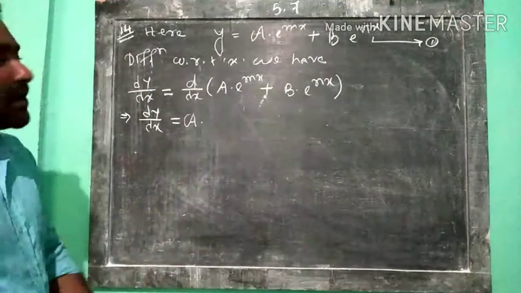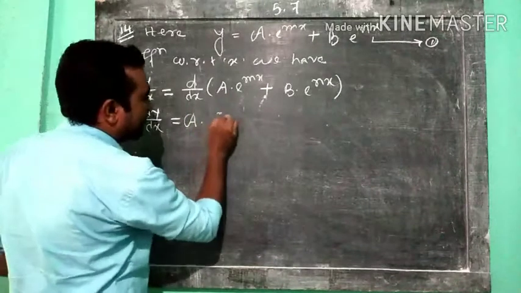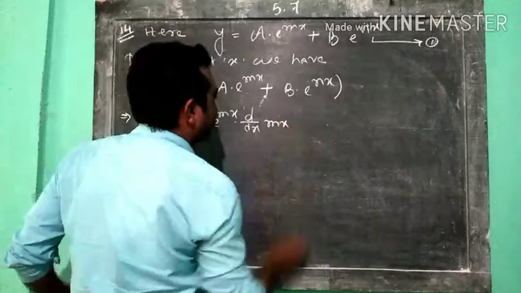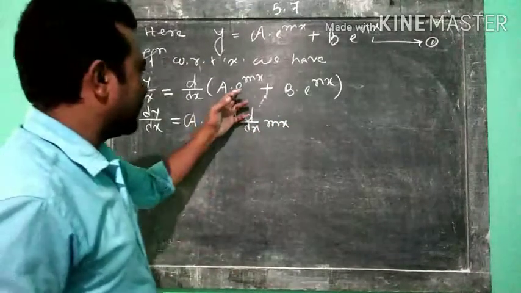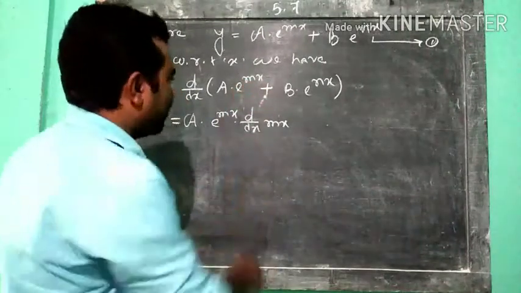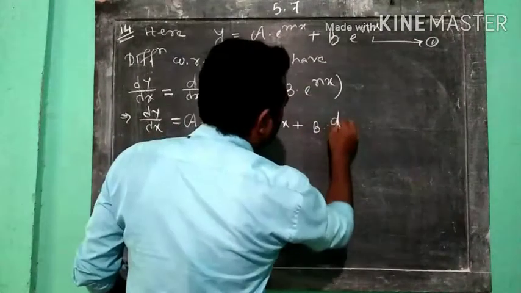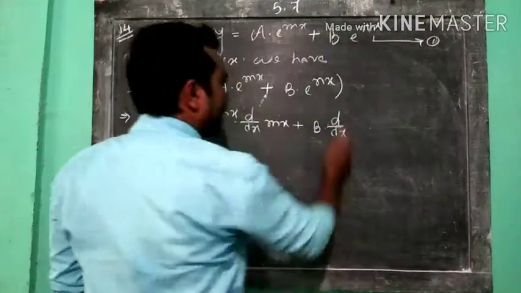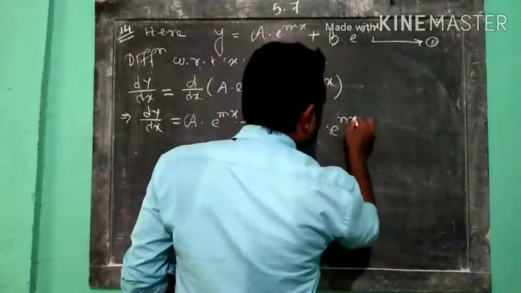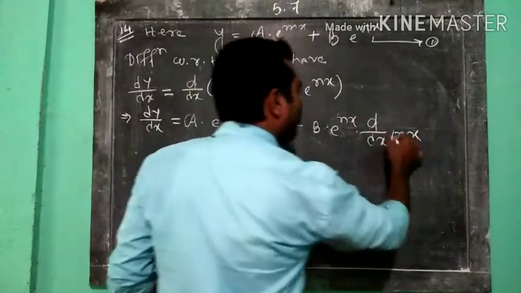e to the power mx equal to what? d/dx of e to the power mx is e to the power mx into d/dx of mx. First we differentiate e to the power mx, now we are going to differentiate mx, according to the chain rule. Plus here b is constant, then d/dx of e to the power nx, same formula, and again we differentiate nx according to the chain rule.